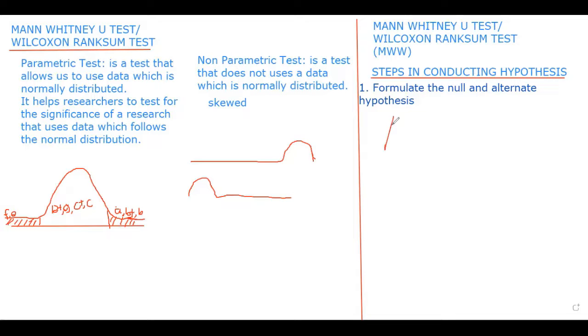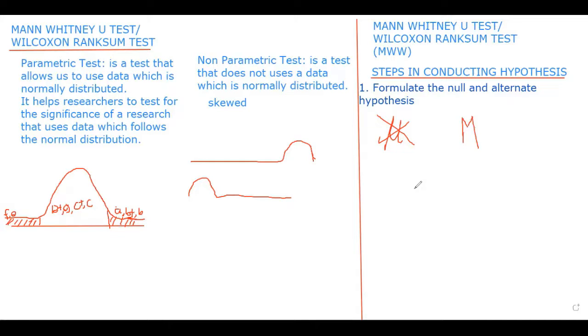This Mann-Whitney U test, or all the non-parametric tests, do not use this mu. Rather, they use what? Median. So the median will be represented by what? Capital M. You get it? Okay. You get where I'm coming from?